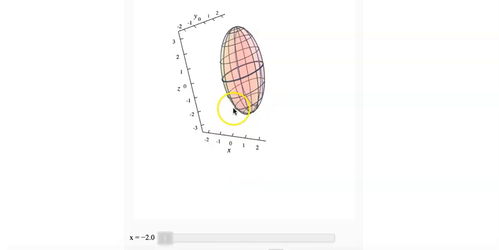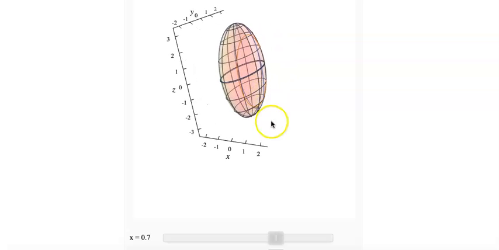So we can look at the traces where x is equal to some certain value, so on the yz plane. And when we bring this plane into this ellipsoid, we can see this orange line here, how no matter where this plane is inside of the ellipsoid passing through it, this trace is going to be an ellipse.